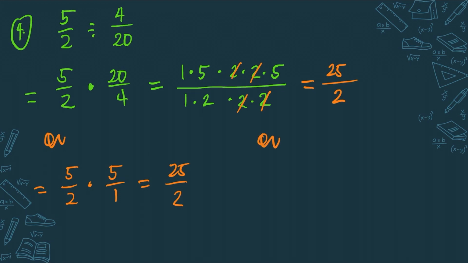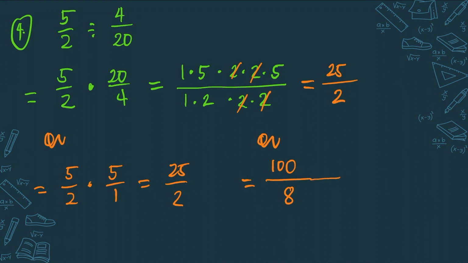Another way is by multiplying directly the numerators and then the denominators. So you have 5 times 5 is 100, and then 2 times 4 is just 8. Then we look for their GCF. The GCF of 100 and 8 is 4.